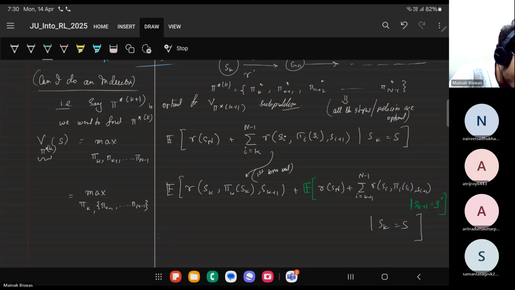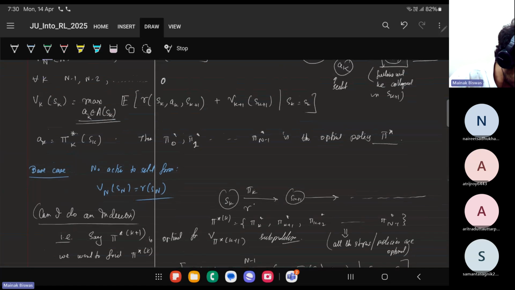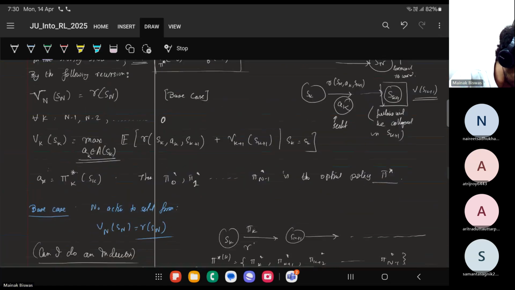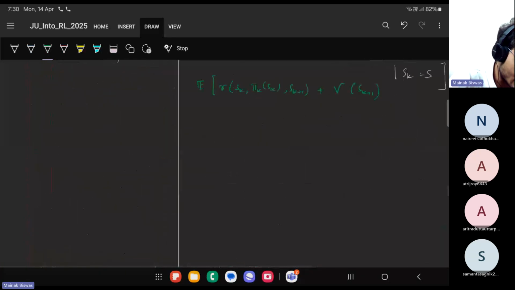So now this becomes equal to R of Sk, pi k of Sk plus 1, plus, as you were saying, V of Sk plus 1. Did I write things correctly? In the proposition, yeah, I wrote Sk plus 1.